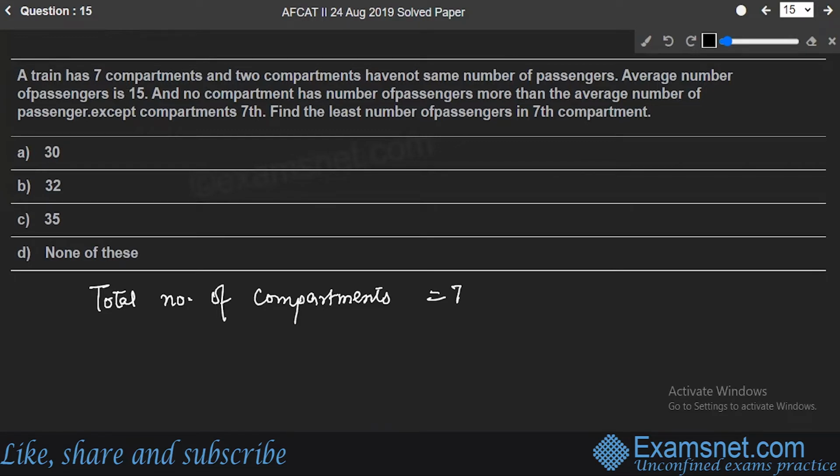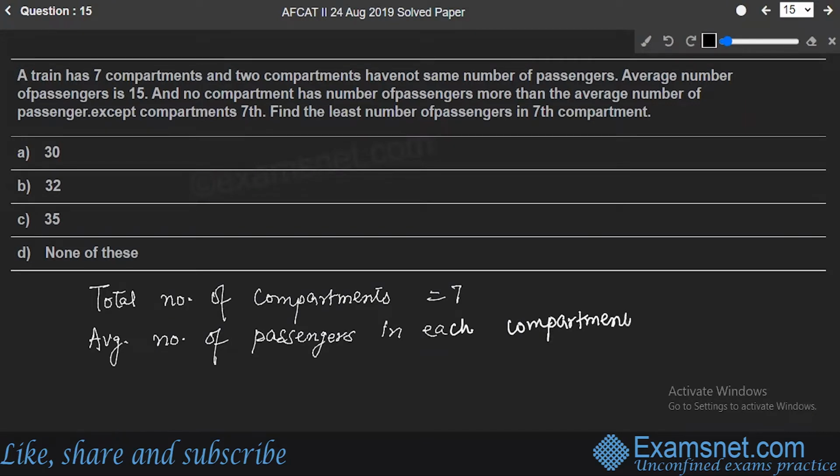Right, average number of passengers in each compartment is equal to 15.